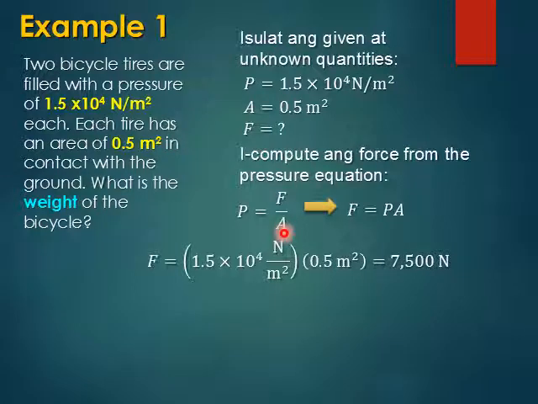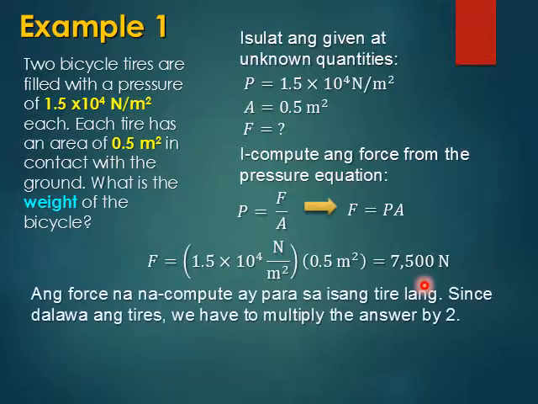So, when we substitute that, so you have 1.5 times 10 to the 4th Newton per square meter times 0.5 square meter. So, if you notice, makakancel natin yung unit na square meter, kaya matitira ka na lang ng unit na Newton. So, here you have 7,500 newtons for the force. Pero remember, this one is only for one tire.